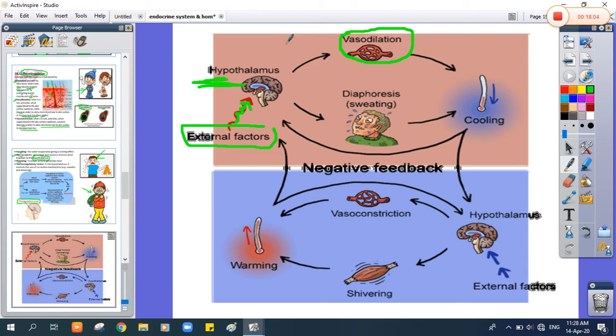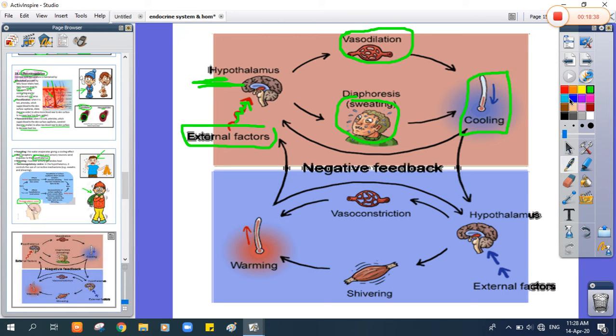So the hypothalamus will produce an order to your blood capillaries, to your arteries, to your blood vessels, to be in a process of vasodilation, or maybe at the same time, sweating. You will do a sweating. So your body will cool and the temperature will be what?